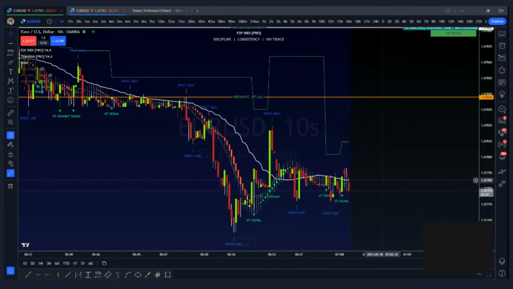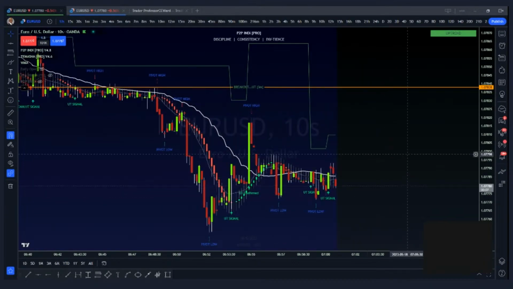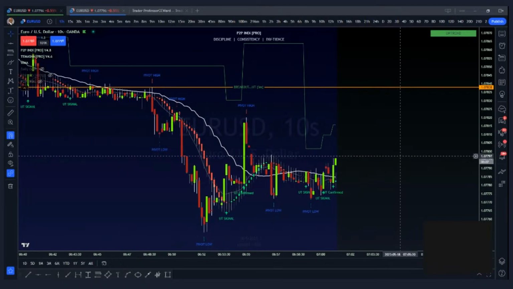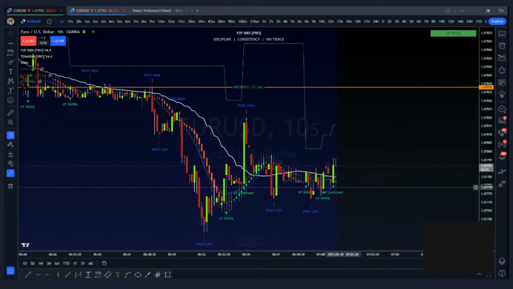Looks like they're trying. We'll see what happens. Hey, all I know is the Bulls are giving the Bears a fight. We're getting a lot of uptrend signals. So that means these Bulls are really coming in.